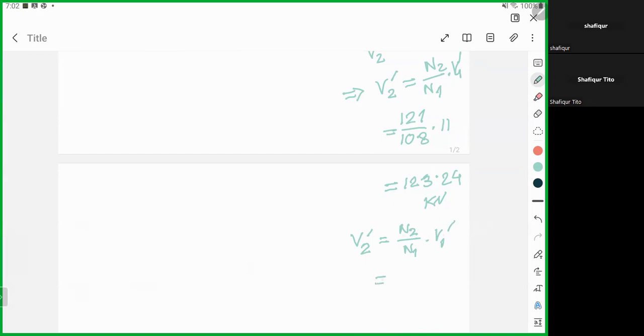N2 here is 10.8, and N1 here is 121, and the new value is 123.24.